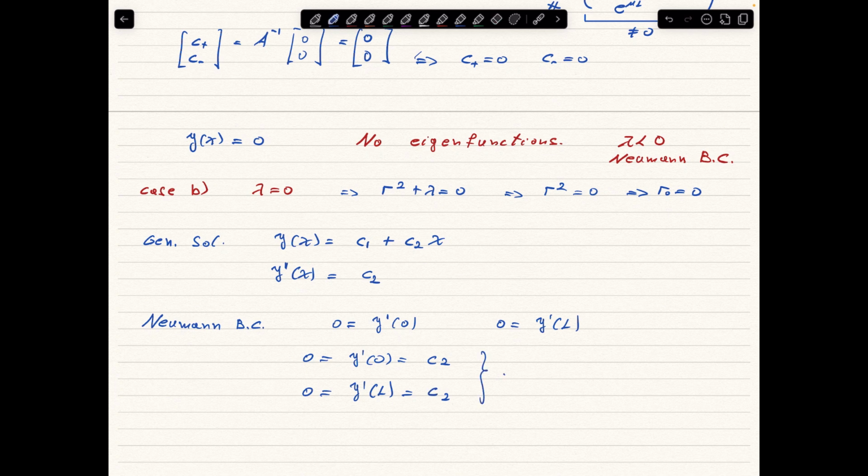So of course that means that C2 is 0. But what happened with C1? Well, it's completely free.